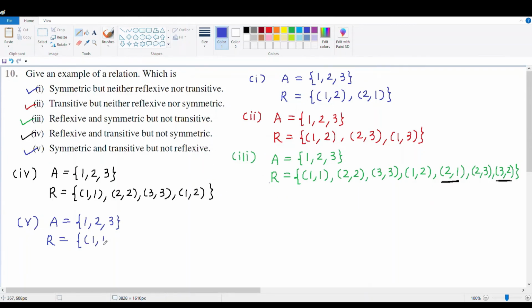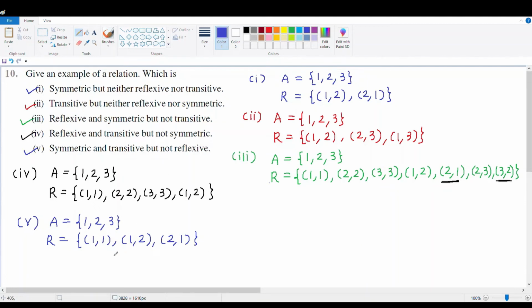So how about taking 1, 1, then 1, 2, and 2, 1. Symmetric: if you have 1, 1, the other way around is 1, 1, we have that. If you have 1, 2, the other way around is 2, 1, we have that. If you have 2, 1, then the other way around is 1, 2, we have that. So yes, it is symmetric.